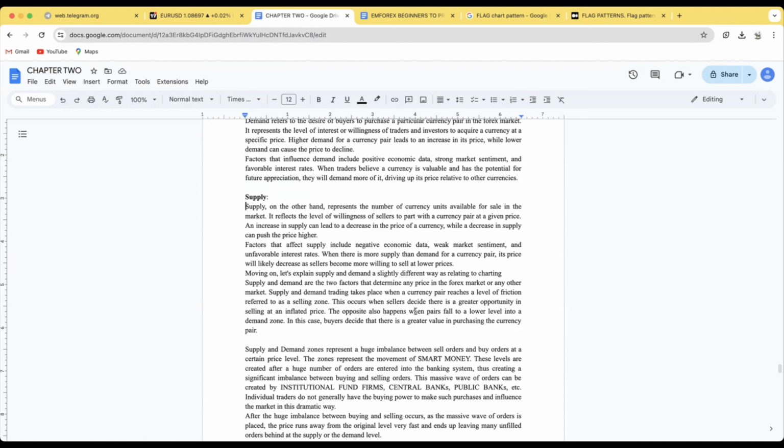This occurs when sellers decide there is a greater opportunity in selling at the inflated price. The opposite also happens when pairs fall to a lower level into a demand zone. In this case, buyers decide that there's a greater value in purchasing the currency pair.